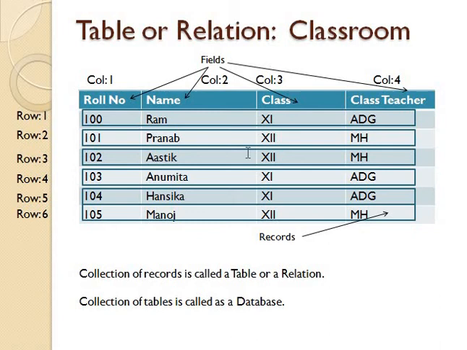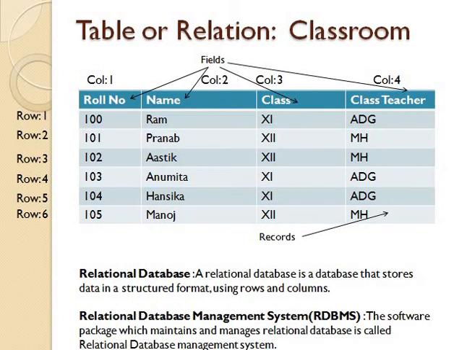The software which is used to maintain and manage these tables and databases is called the Database Management System, or the DBMS. Now let's come to the term relational database.